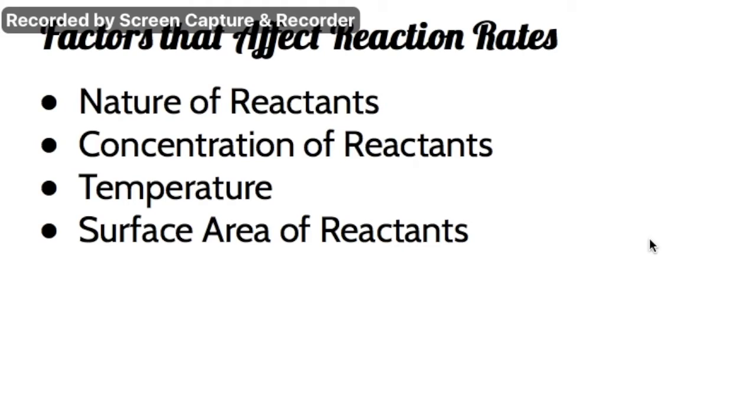So you're increasing the total number of collisions, thereby increasing the total number of successful collisions. Practically, you do that by mashing it up. If you have large crystals, they're more likely to react if you smash them up than if you leave them clumped as one large crystal.